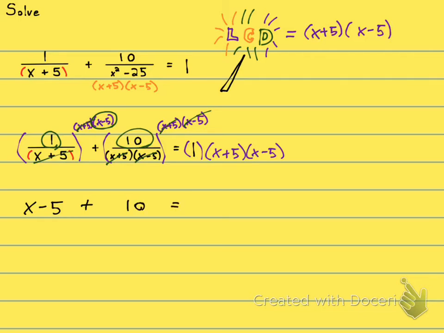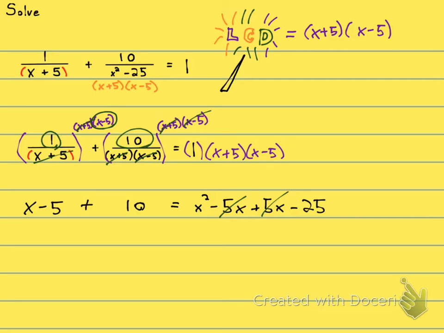Drop down the equals. And then over here, I'm left with 1 times x plus 5 times x minus 5. Okay, if you FOIL this out, you are going to get x squared, first 2, outer 2, inner 2, last 2, making a note that the middle terms will cancel out.